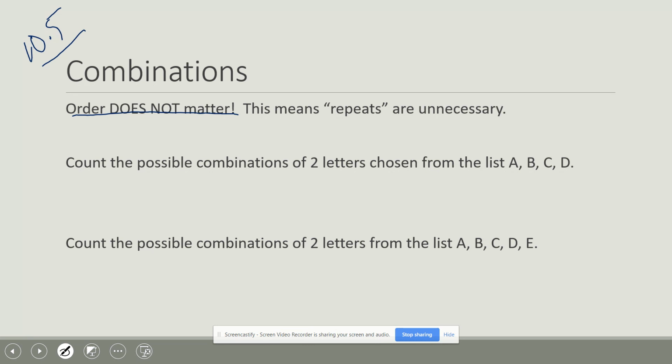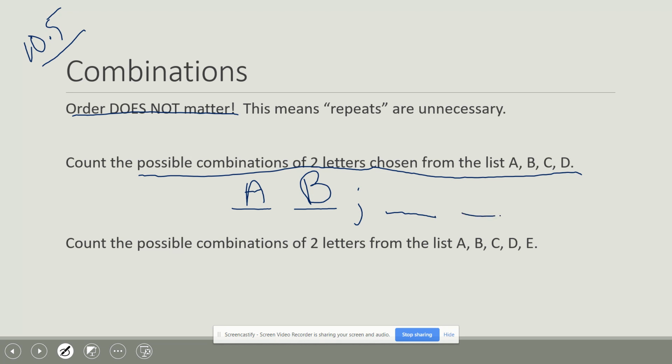What I mean by that is if we talk about the possible combinations of two letters that we choose from the list of A, B, C, D. So we have two letters. Let's say I pick A first and B second, and then another time I pick B first and A second.